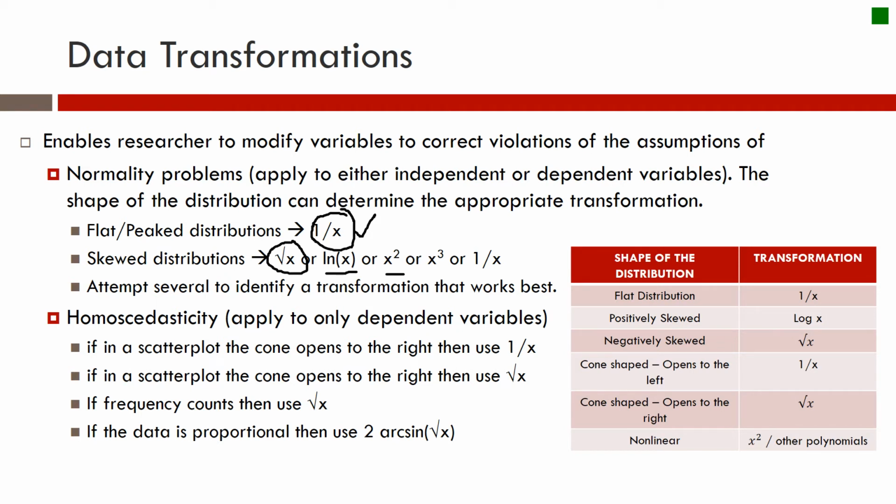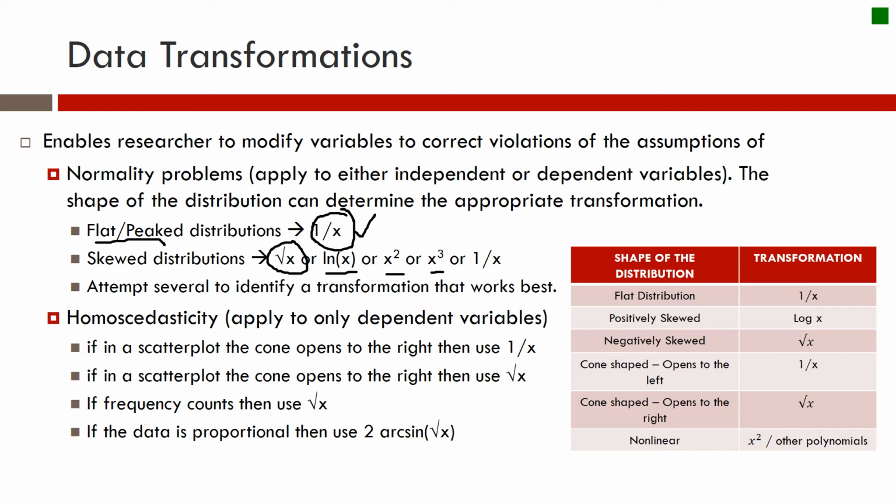You can square your data, you can cube your data, you can do any number of different techniques here that would help adjust for maybe the kurtosis issues that you might have. So if your data is suffering from different issues of peakedness or flatness for kurtosis, or if your data is skewed, then you can try several of these different approaches to try to correct your data.